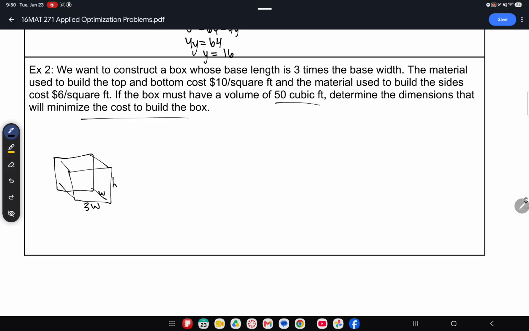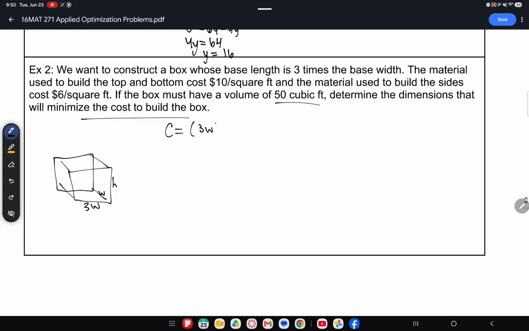Let's figure out some other things we need. So we want to minimize the cost. Let's figure out our cost equation. So we have the material to do the top and the bottom.